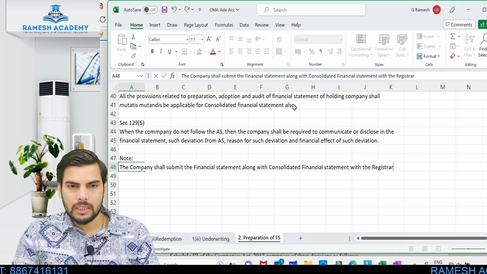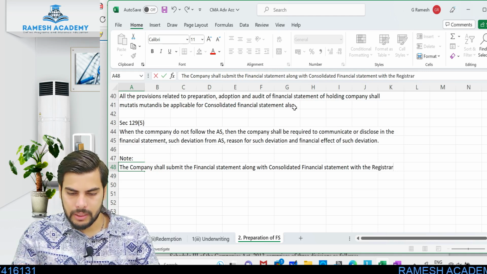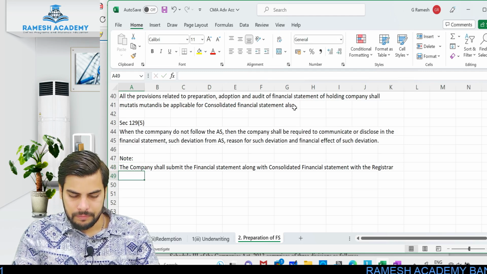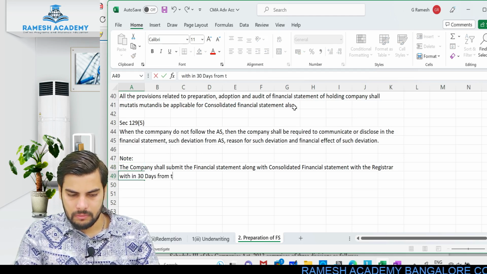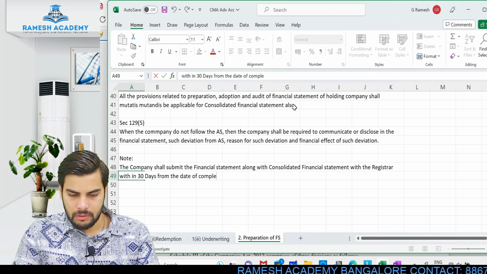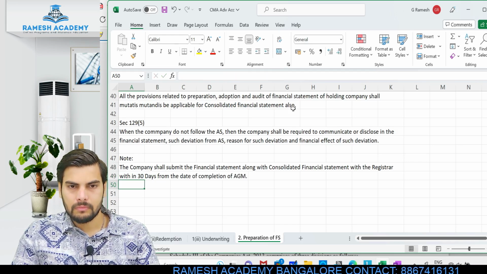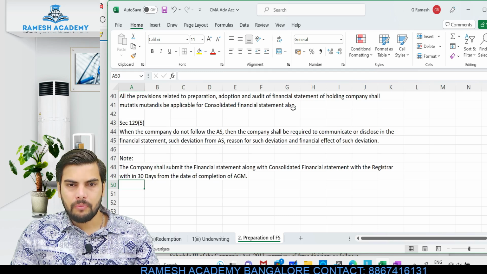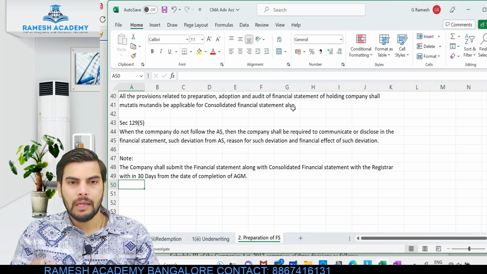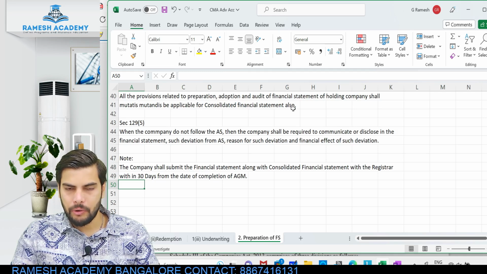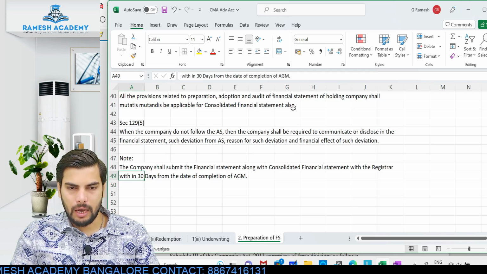You can either call it as registrar or ROC, registrar of companies, within 30 days from the date of completion of annual general meeting. The financial statement will be adopted in the annual general meeting by the shareholders, and within 30 days from this particular date of annual general meeting, these financial statement has to be submitted to the registrar of company, that is to ROC. Clear?